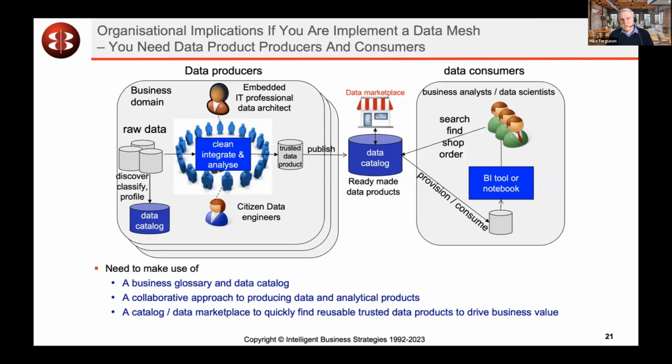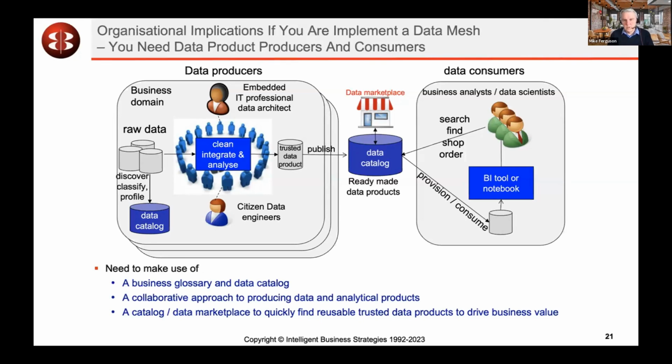But ultimately, there are multiple teams producing data products, and they may be using a data catalog to help understand what source data is available to them and wanting to publish data products in the marketplace, which I'm not going to get into in this presentation, but which is often a data catalog application, only showing you ready-made, reusable, high-quality data products instead of raw data.